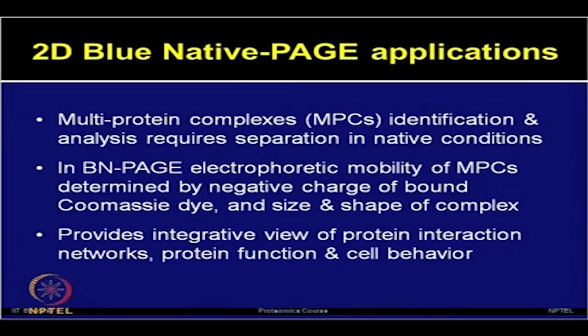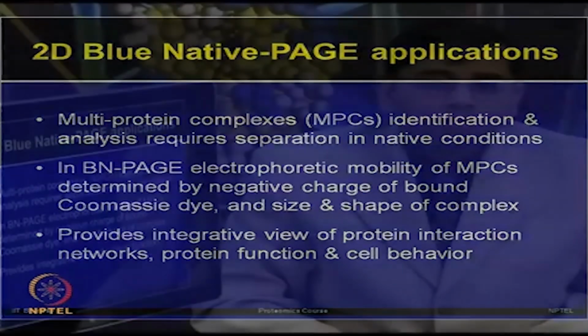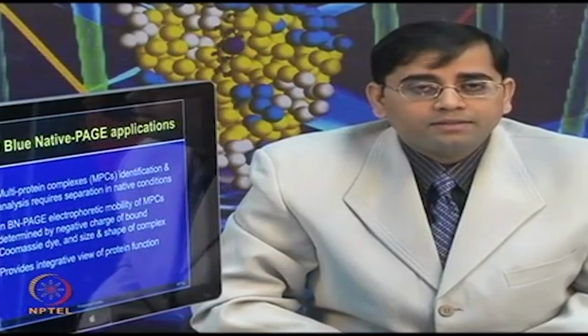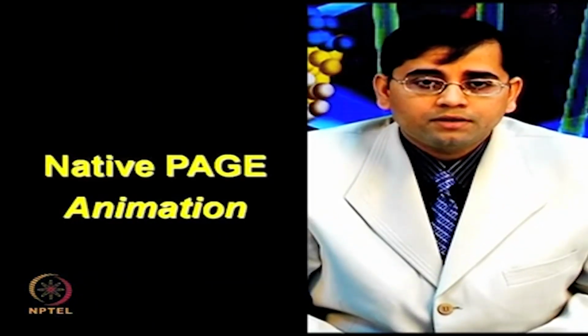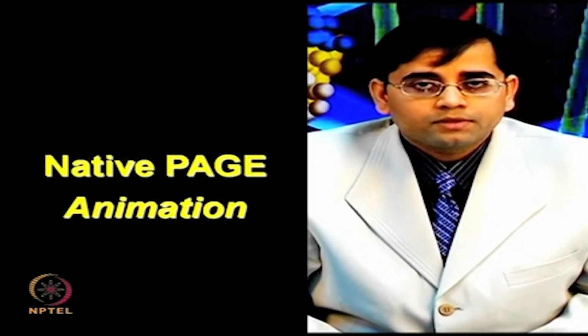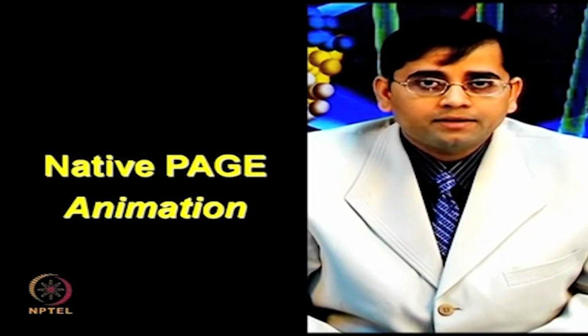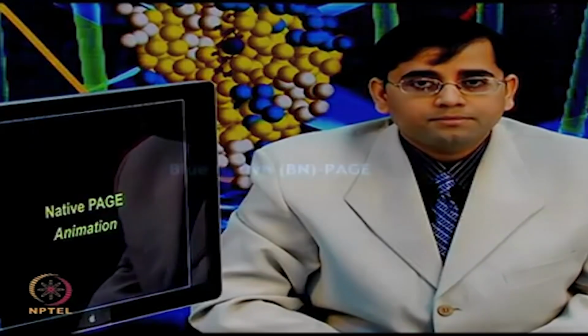In blue native page, the electrophoretic mobility of MPCs is determined by the negative charge of the bound Coomassie dye and the size and shape of the complexes. So, this technique can provide an integrated view of protein function. I will now show you an animation of how to perform the native polyacrylamide gel electrophoresis.